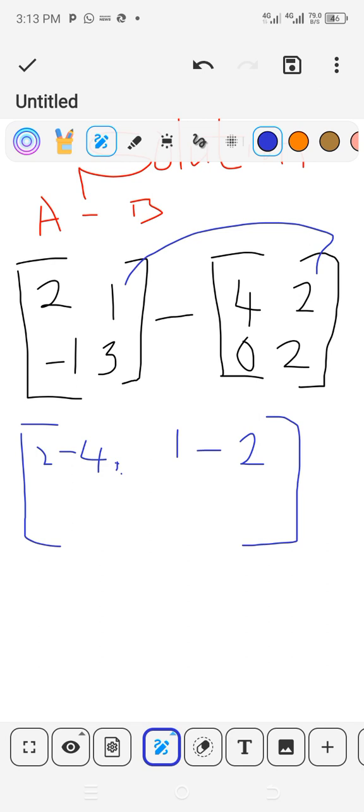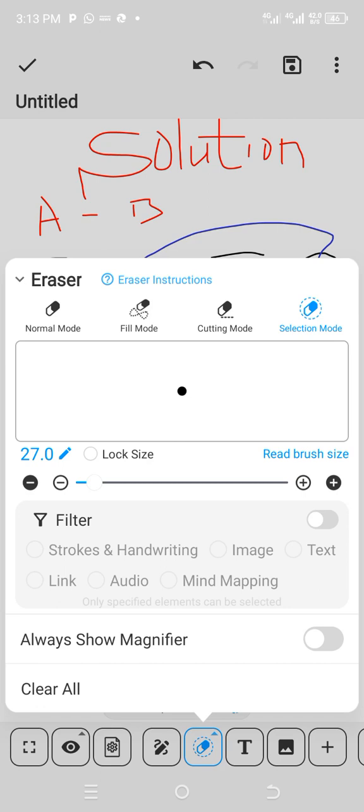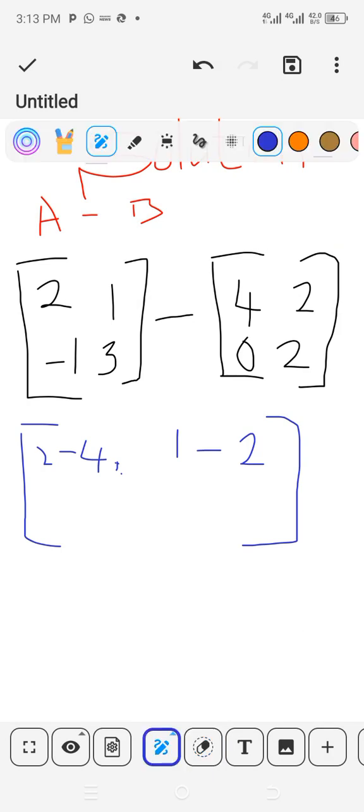Close your bracket. You come to the next row. The first number in the next row is minus 1. Then we'll also subtract the first number in the next row of the other matrix. That is, we'll have minus 1 minus 0.